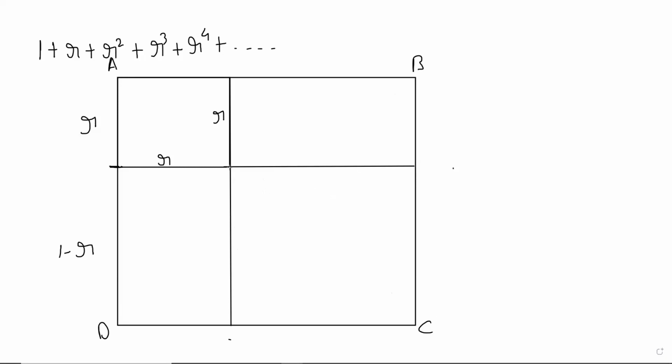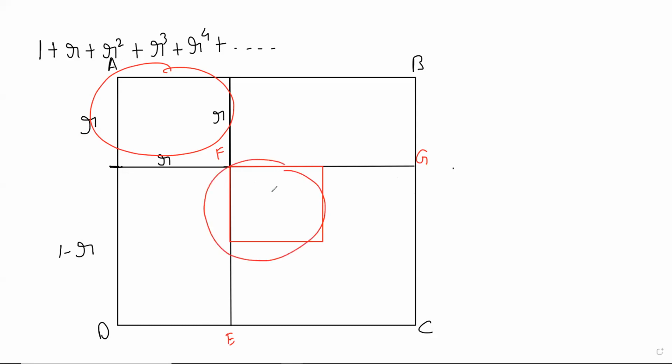The goal is to make a copy of the square ABCD inside the square CEFG, with the structure that ABCD has. In particular, this small square in the corner will become a square here.